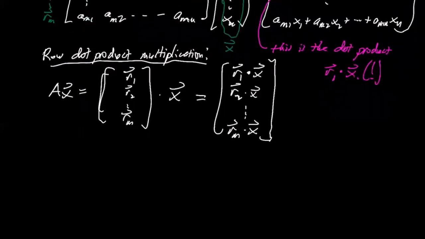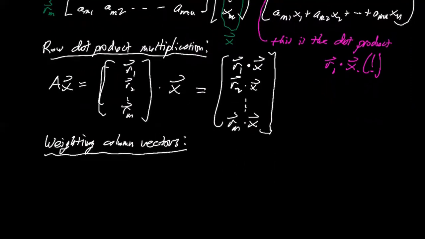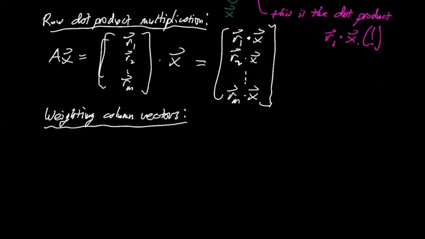But you can also think of this as weighting the column vectors. Another way I could write this is to think about A as having columns C1, C2 through Cn.